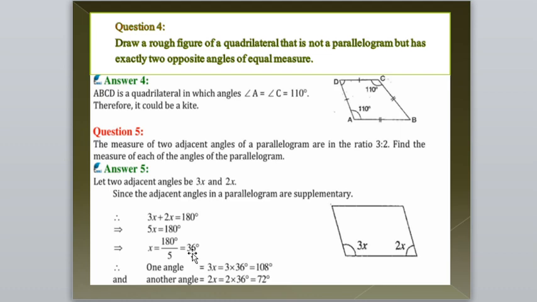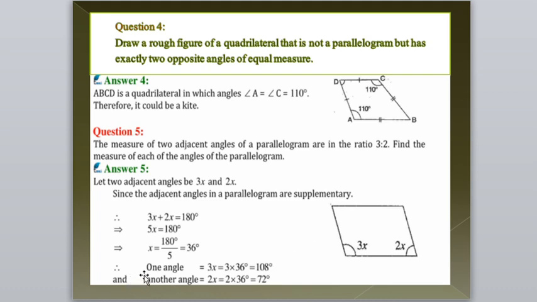So if we got x as 36 degrees, we can put this value in the first adjacent angle, where the ratio is 3 and we have taken this angle as 3x. If we put x as 36, we will get the measure of these two angles.